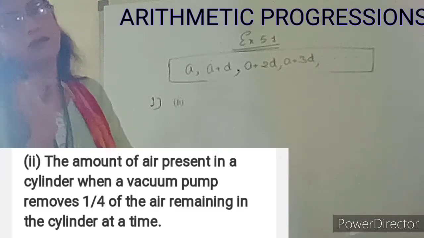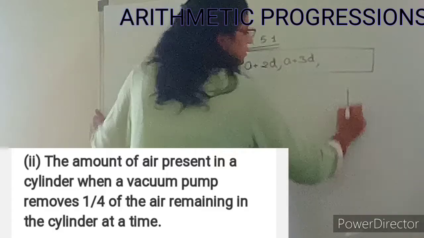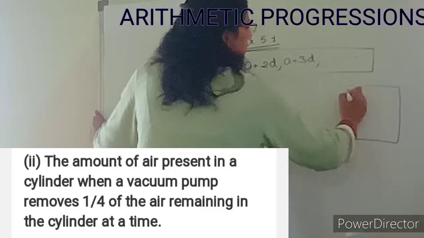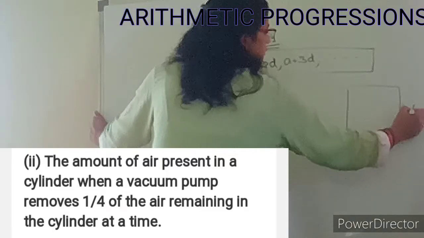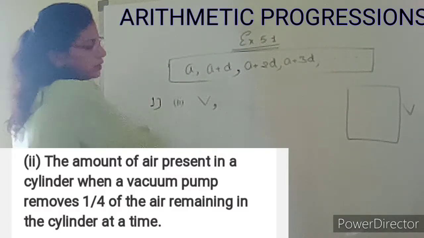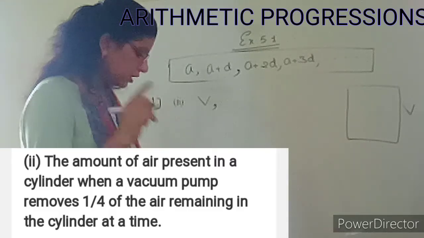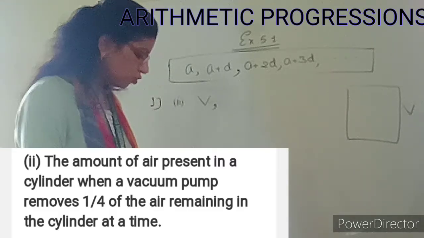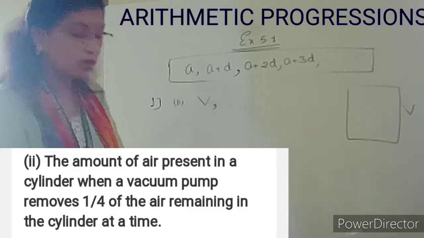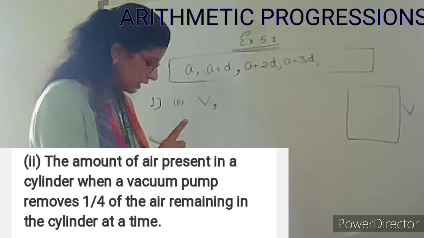So we have to find the amount of air. Let us say in a cylinder, in the starting its volume is V. So at the start its volume was V. The vacuum pump keeps removing 1/4 of the air at a time.